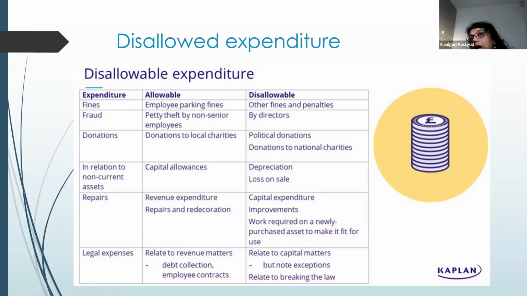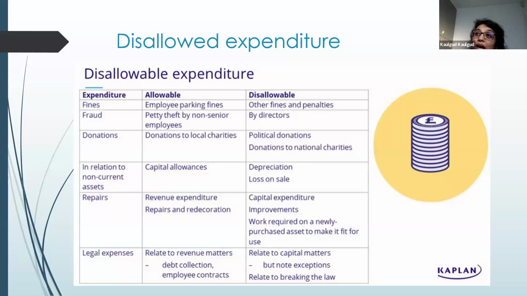If, let us say, an employer has sacked an employee, and that employee has gone and sued that employer, legal expenses spent on that are related to the employee contract, so that is classed as an allowable expenditure. Then what is disallowed?